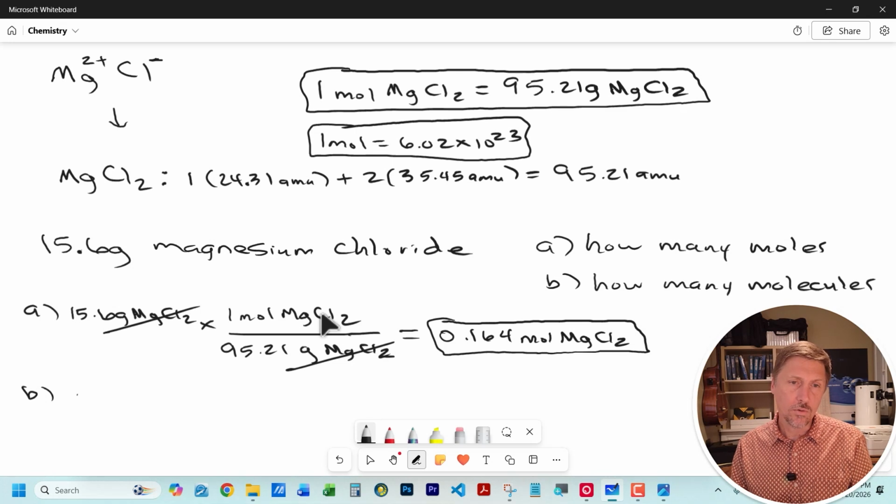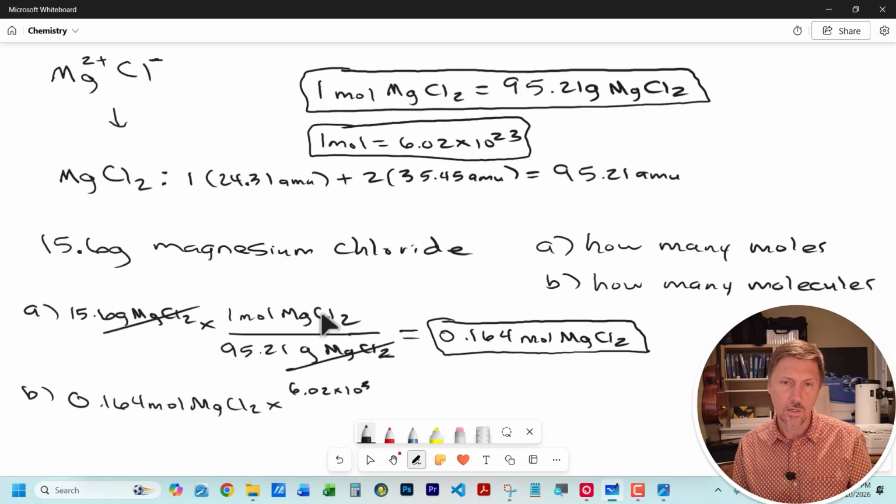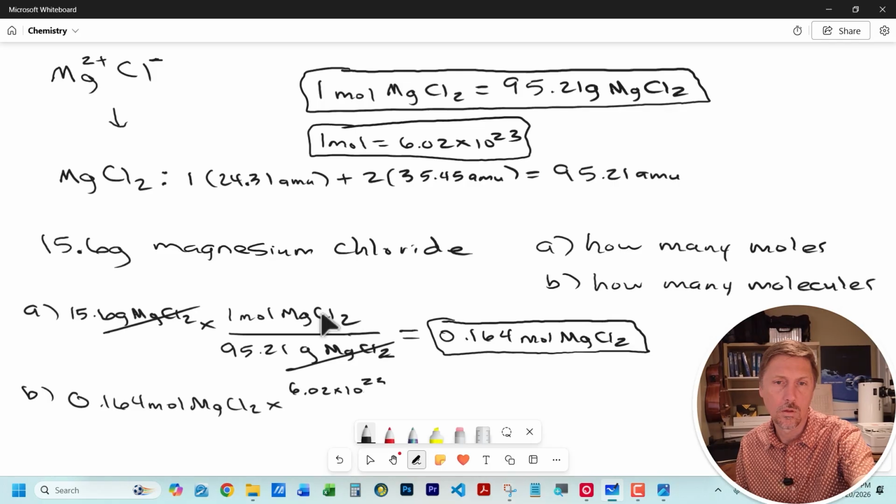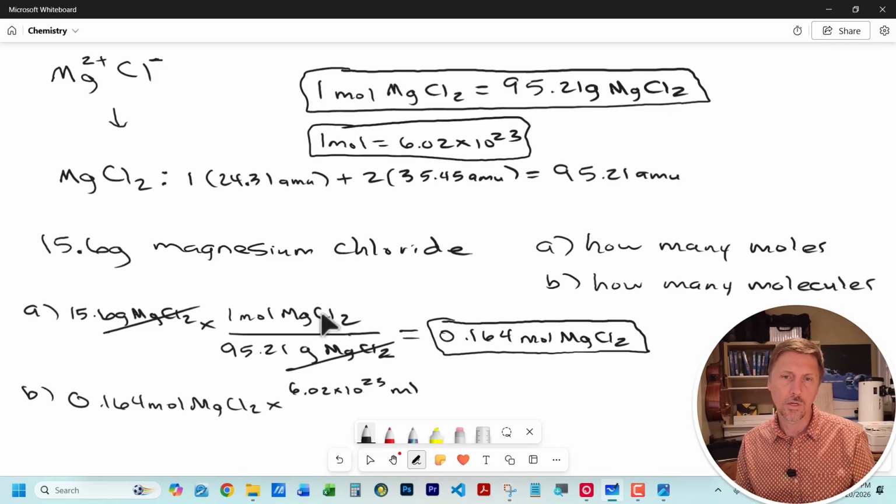And so we're going to take 0.164 moles of MgCl2, and we're going to multiply that by, we're going to put our number of molecules on the top, 6.02 times 10 to the 23 molecules, and I'm going to abbreviate that like that, divided by 1 mole.